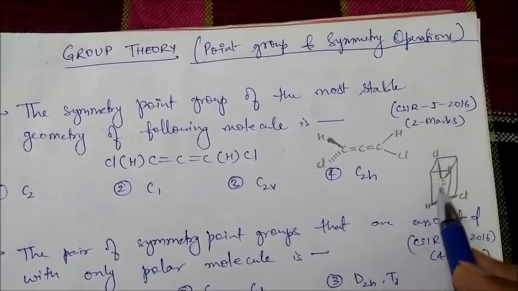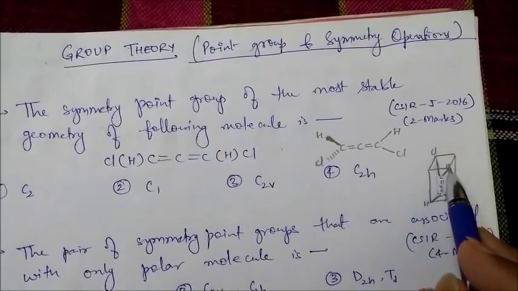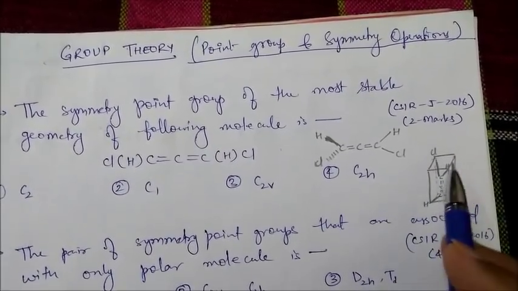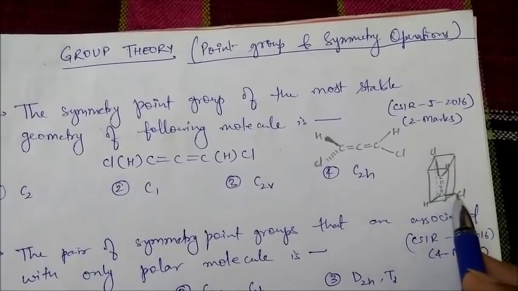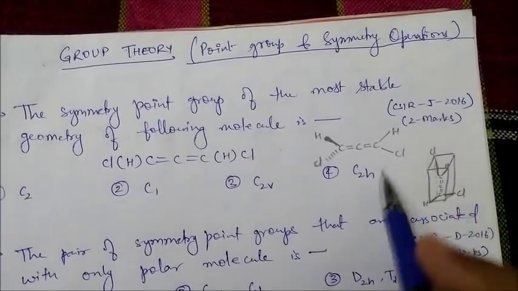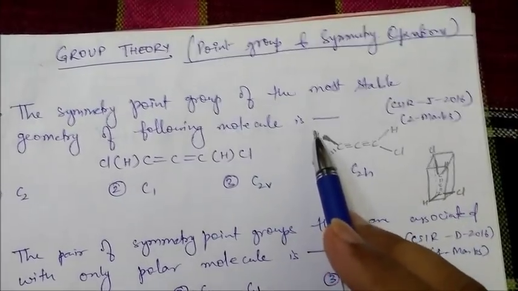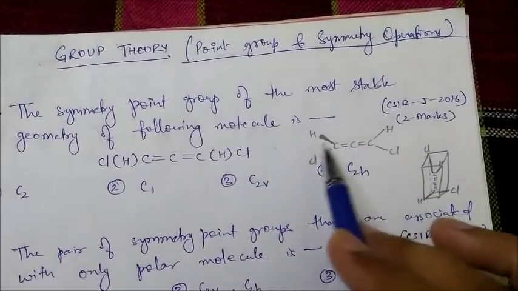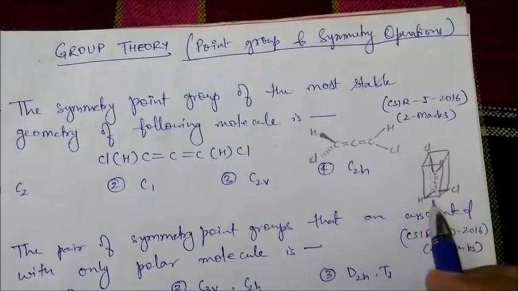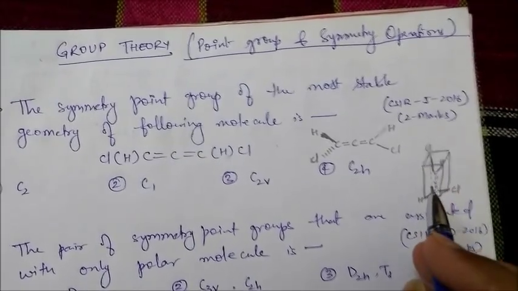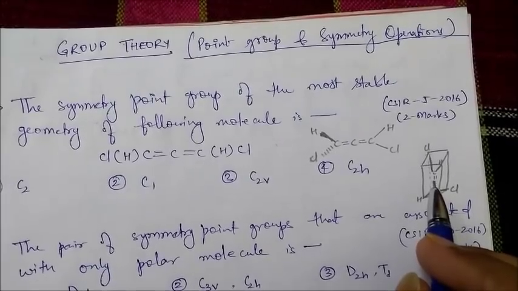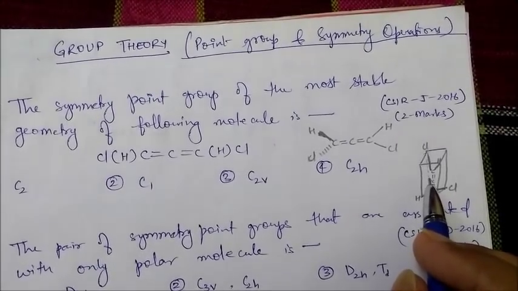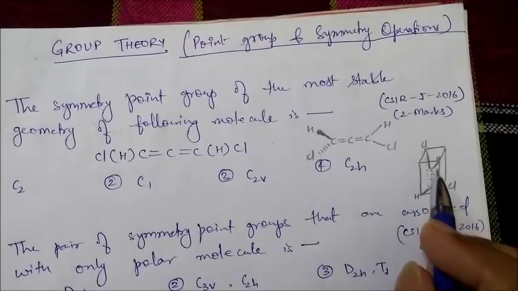This hydrogen will come here and this hydrogen will move to that side. Similarly, simultaneously, this chlorine will go there and this chlorine will move to this side. It is not possible to find this out from this structure of the molecule, but here it is quite clear that there is an axis along the front face and passing through the back face.